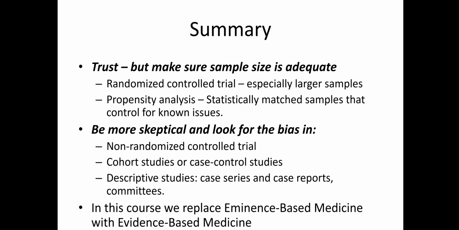But be more skeptical and look for bias in non-randomized controlled trials: cohort studies, case control studies, descriptive studies. Understand that there is a good chance there's bias there that's going to make these studies not quite so reliable. So you go to it with a little bit more skepticism.